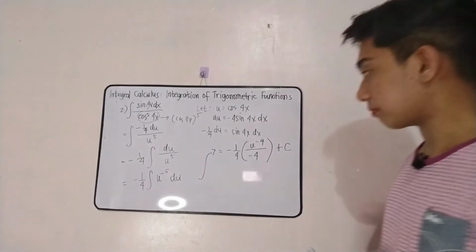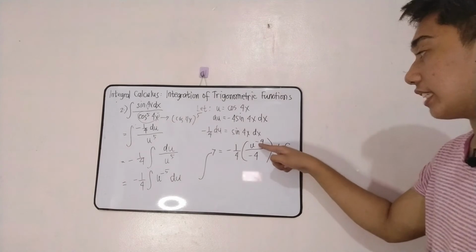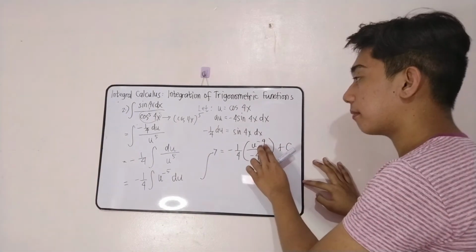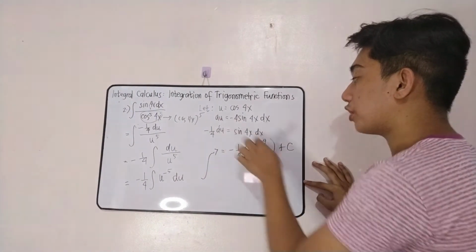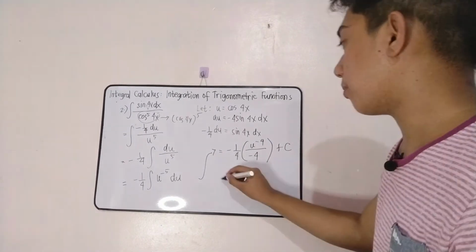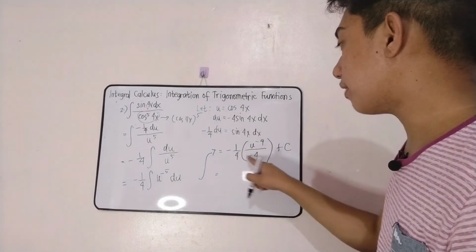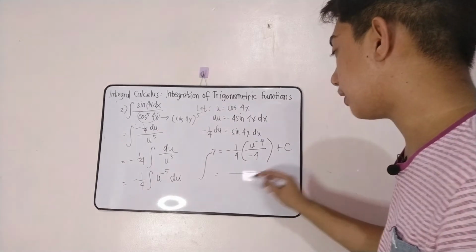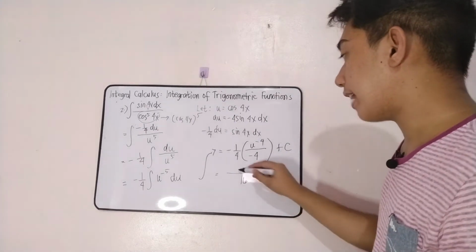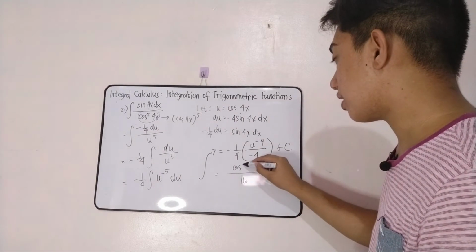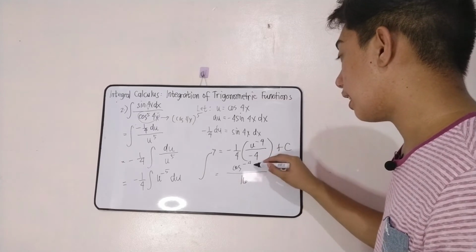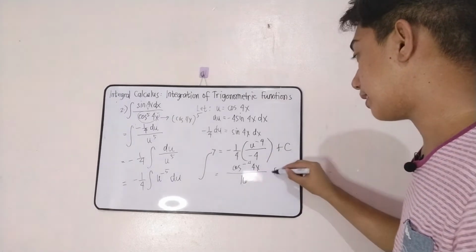Okay? And for this case, we can plug in our u, which is cosine 4x. And negative times negative is positive, therefore positive 16 ang ilalagay ko sa baba. And this is cosine raised to negative 4x plus c.